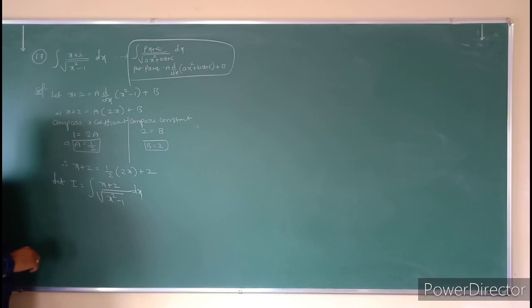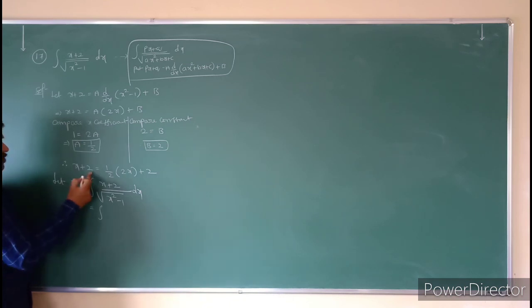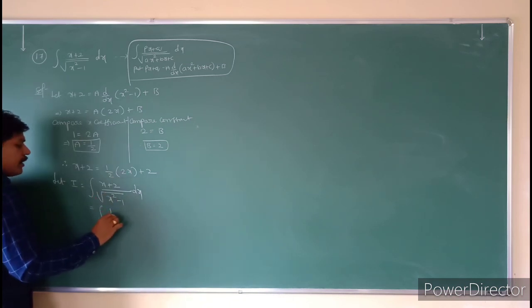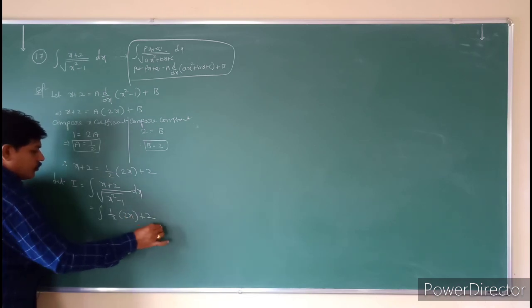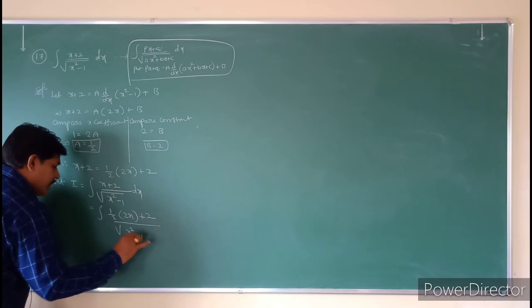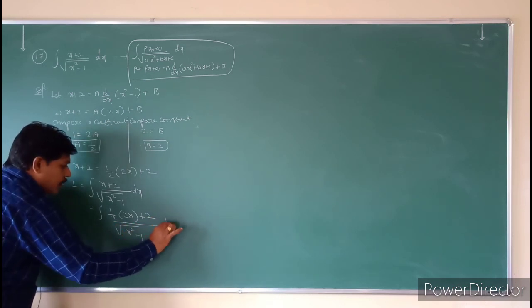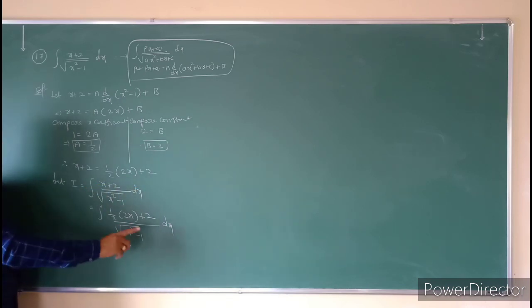That is equal to the integral of x plus 2, written as 1 by 2 into 2x plus 2, by root of x square minus 1 into dx. In place of x plus 2 you write this and separate the terms.